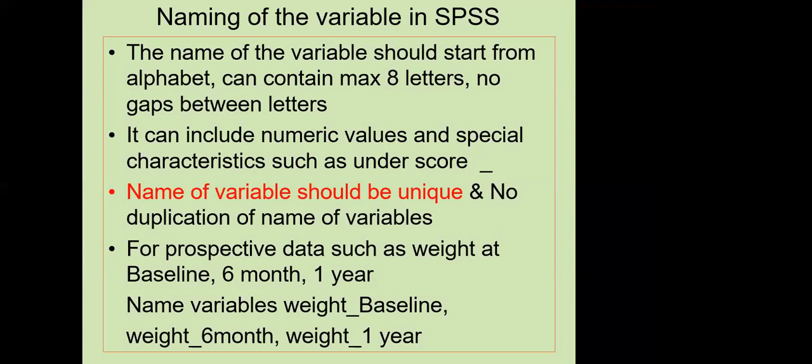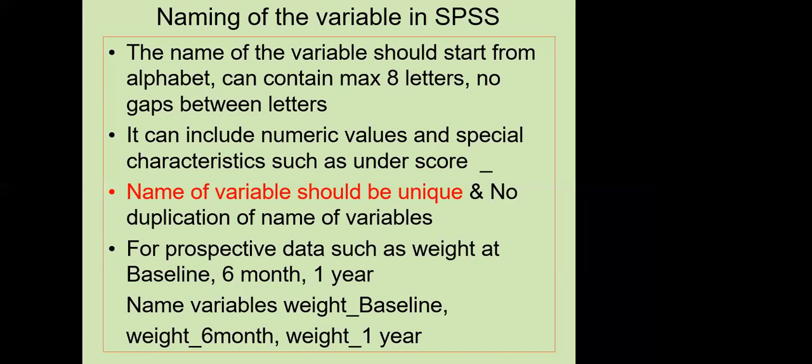So when you assign the name of the variable, start the name of the variable with an alphabet. Suppose you are entering the age of subject, age of father, age of mother, just use age underscore subject, age underscore father. Mind the characteristics for naming the variable.